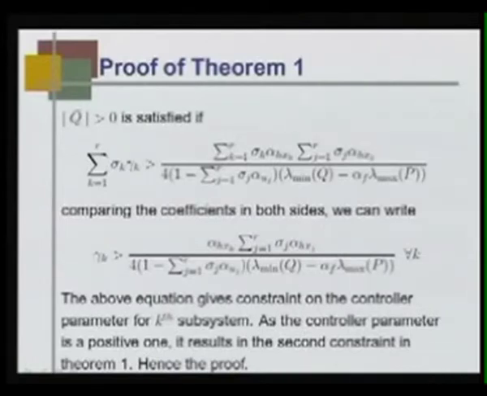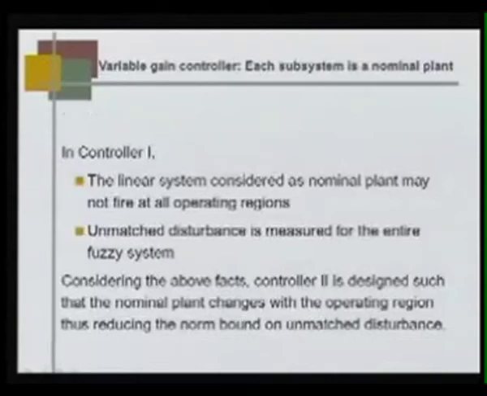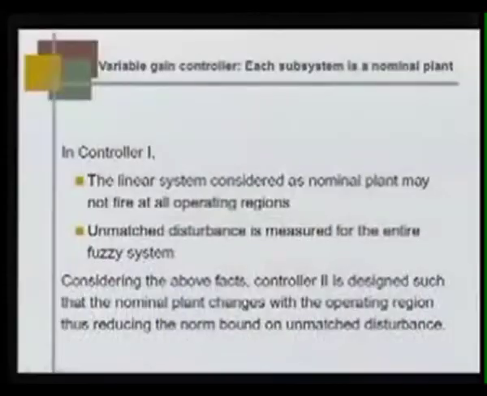Comparing the coefficients on both sides, we can write gamma k is greater than this for all k. The Webeck equation gives a constraint on the controller parameter for the kth subsystem. As the controller parameter is a positive one, it results in the second constraint in theorem 1, which is gamma k. Okay. So, we proved that the theorem is correct.